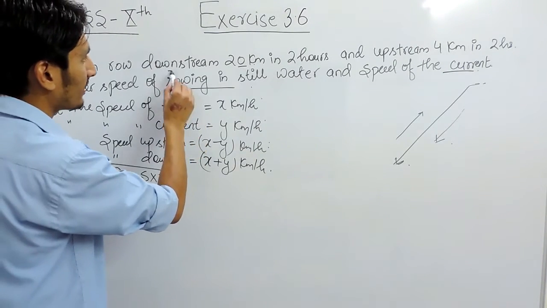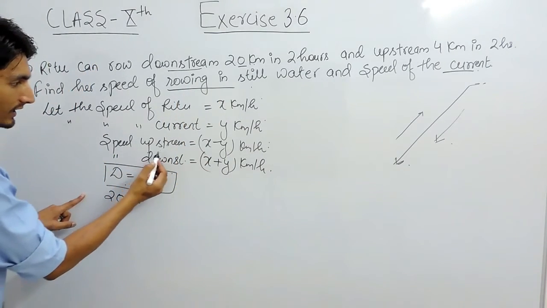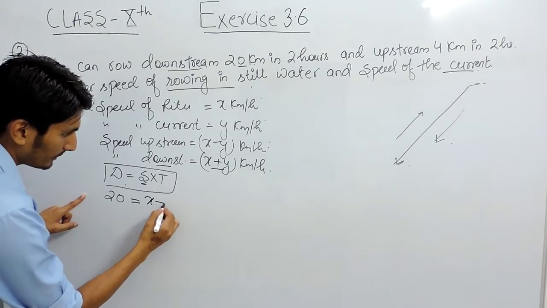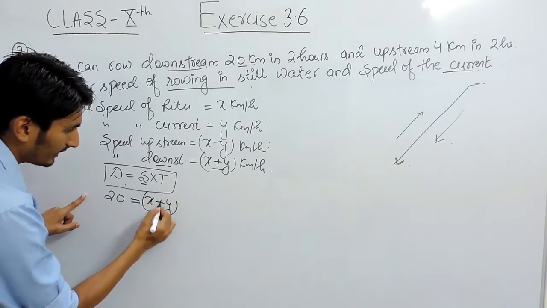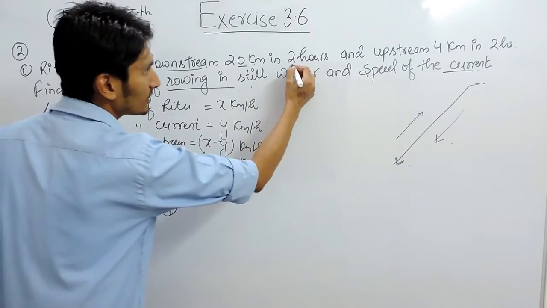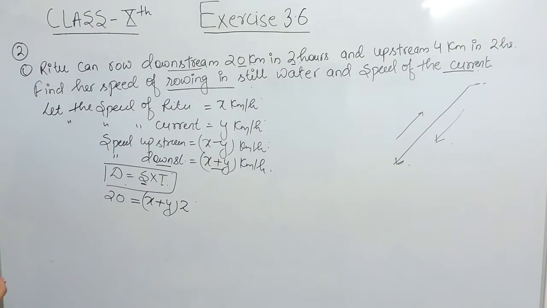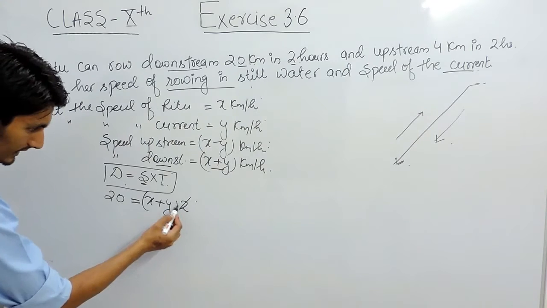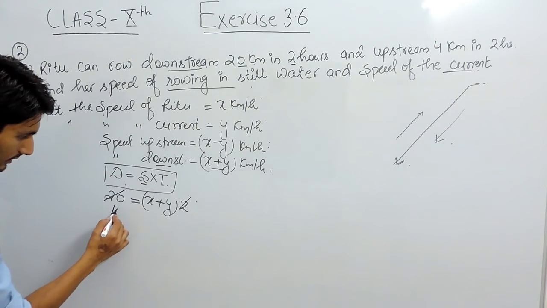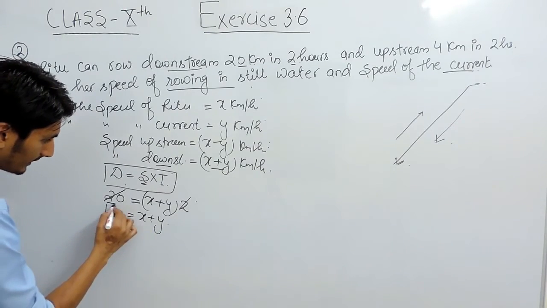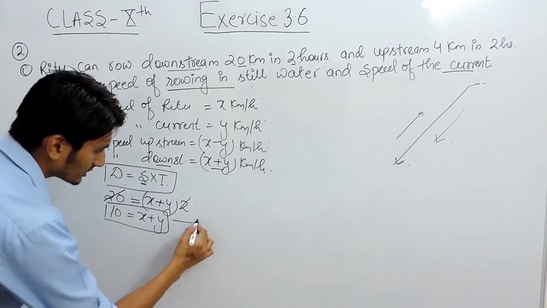This is when she is traveling downstream, so our speed is x plus y and the time she takes is 2 hours. So this should be multiplied with 2. This can be cancelled out 10 times. So x plus y here is 10. So this is our first equation.